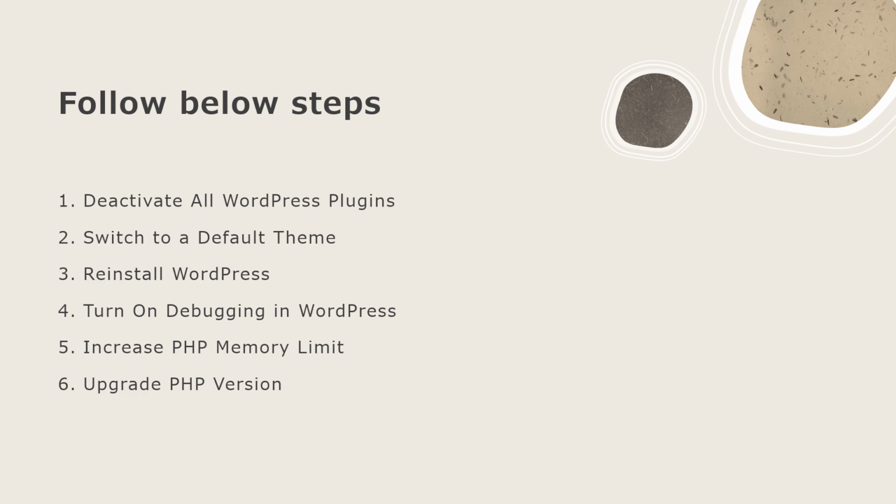Okay, next step is to upgrade the PHP version. WordPress requires PHP version 7.4 or greater. If your WordPress hosting server uses an older version of PHP, it may not work well and cause this critical error.